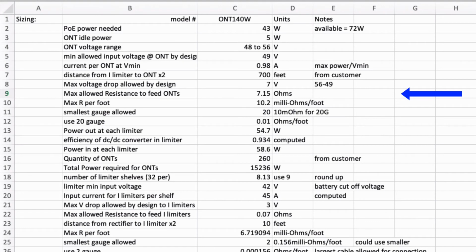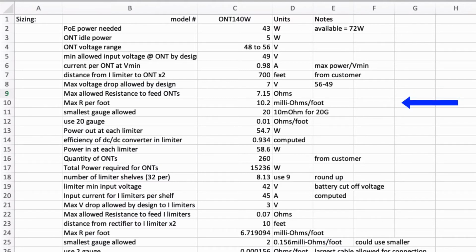It's helpful to think of each Class 2 pair as a long extension cord that we are sizing. Given the maximum voltage drop of 7 volts and the maximum low voltage input current of 0.98 amps, the extension cord must have a total resistance of less than 7.15 ohms.